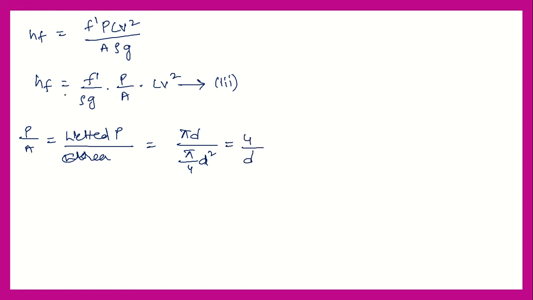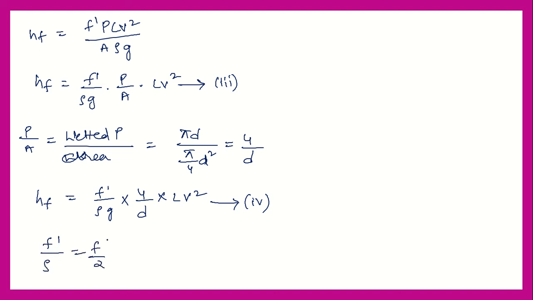Let's substitute this P by A in HF. So finally HF is equal to F dash by rho g, and in place of P by A we put 4 by D, into L V square. So this is also one important equation for Darcy, and later we can convert this F dash by putting F dash by rho is equal to F by 2, where F is called your friction factor.